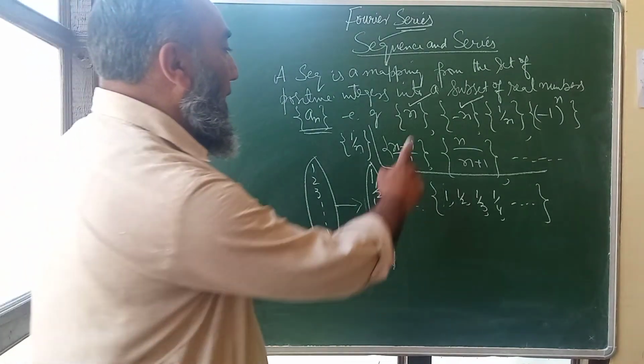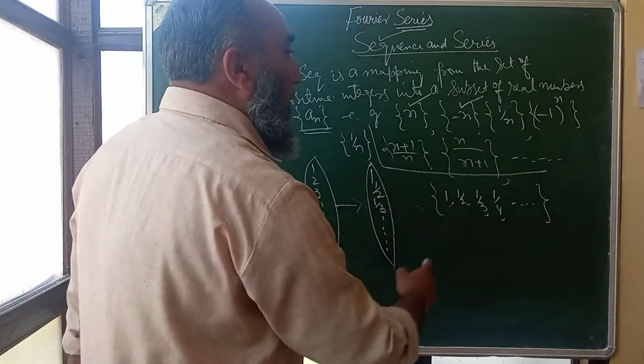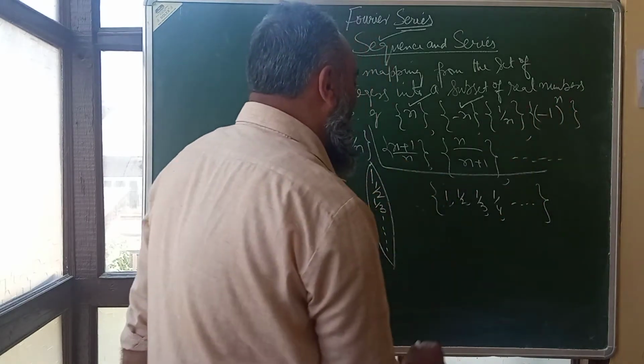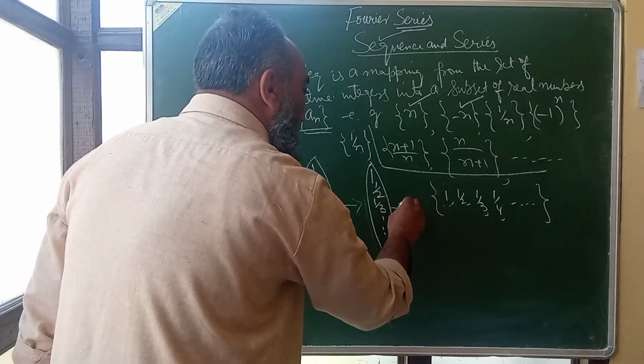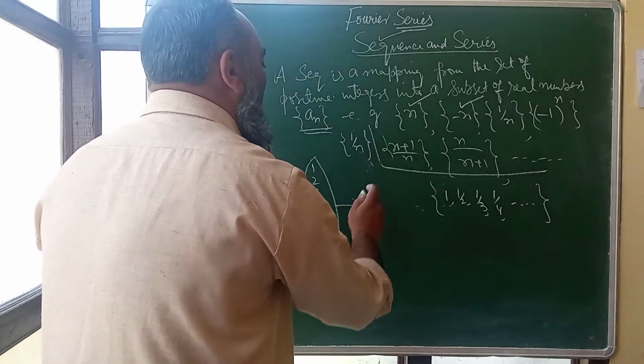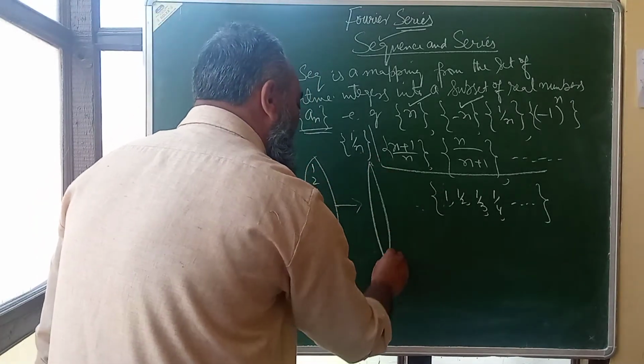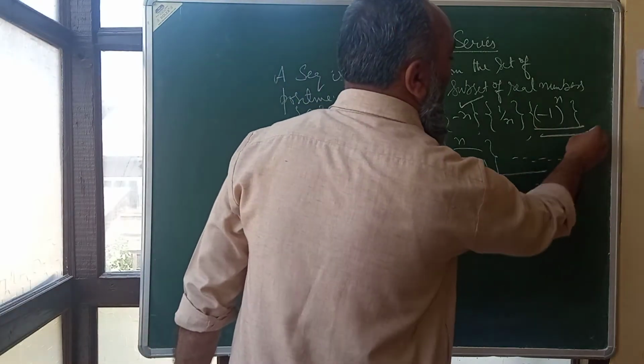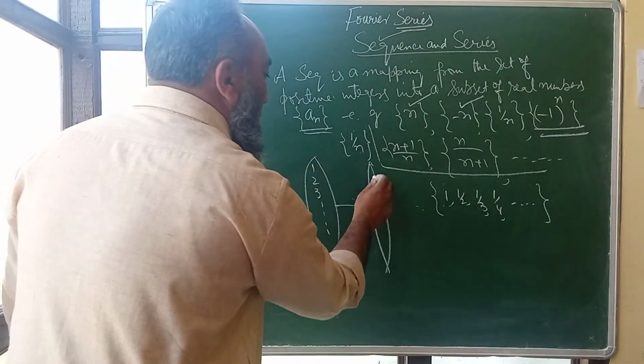Similarly, for (-1)^n, what is the range? When n is 1, it is minus 1.